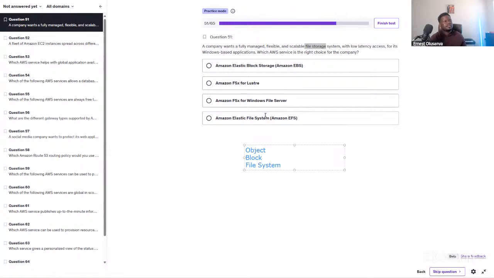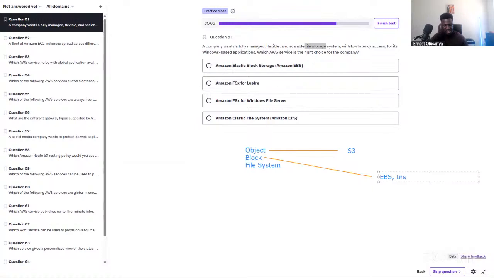Now, the things you need to know about these, I just want to use this opportunity to teach. So object storage, the services we'll be thinking about here would be services like S3, pretty much just S3 as our file storage. Then we have block storage, which for the most part is just EBS.